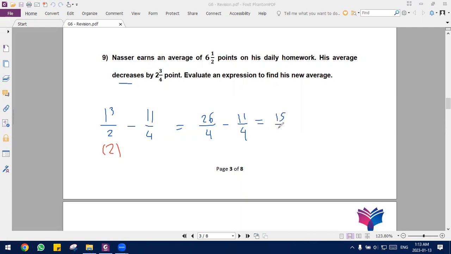So it's 15 over 4. If you need to convert it to a mixed number, 15 divided by 4 is 3. So 3 times 4 is 12. What's the remaining? 3 over 4. So this is his new average, points. Don't forget the unit.